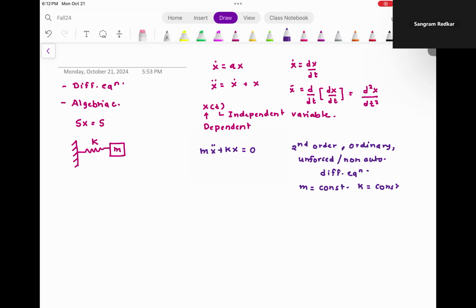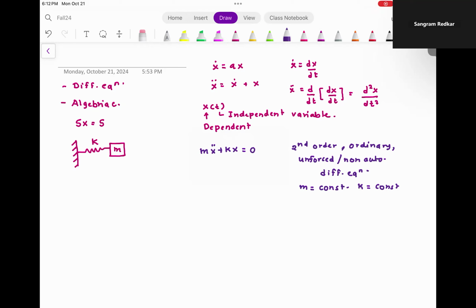Whenever you have an equation of this type, and I can tell you in your undergraduate differential equation class, you have seen variations of this exact same equation in multiple forms. It could be triple dot, or it could be 4 dot, whatever equation that could be.